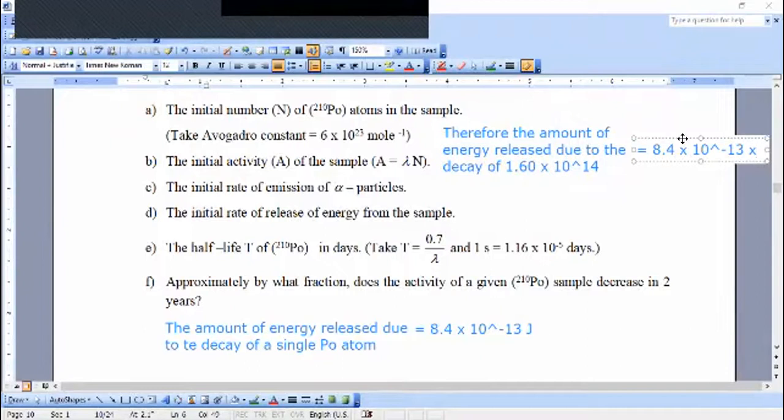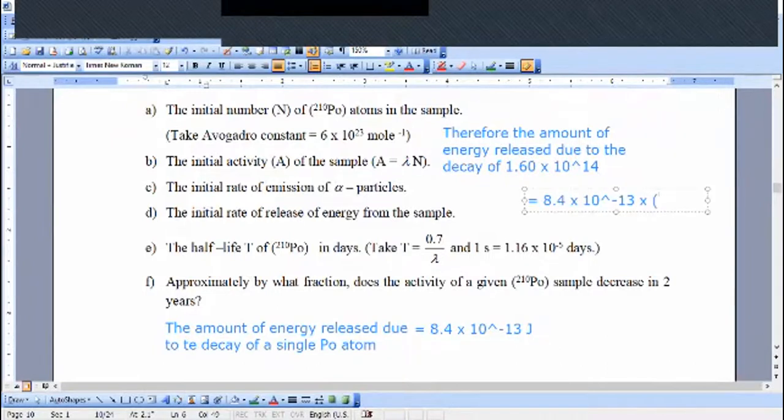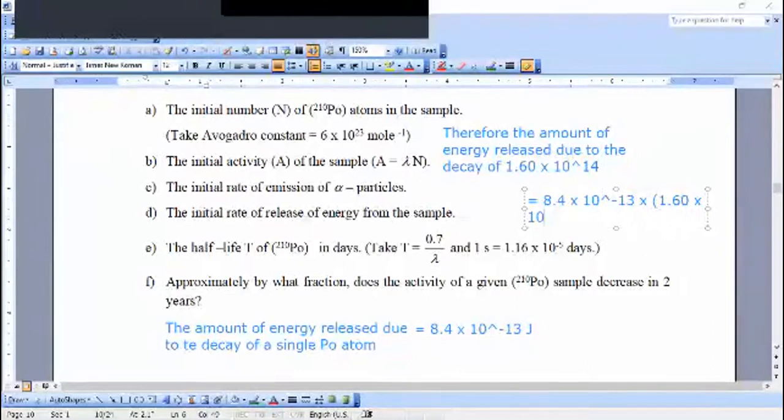Therefore, we want to find the amount of energy given by how many atoms here? Therefore, we should multiply this by 1.60 into 10 to the power 14. Can somebody multiply this and tell me the value here?